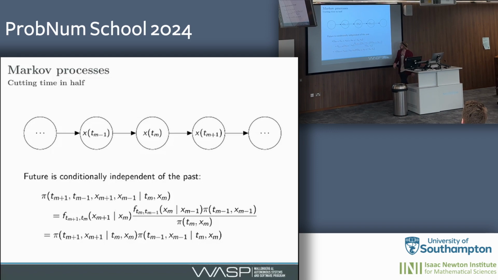What that means is, if we have 3 adjacent time points, t_{n-1} to t_{n+1}, and we condition on the current one, then the conditional distribution factorizes, which is just the definition of independence. So if we know this one, what happens here and what happens here don't communicate with each other, so we can treat them separately.